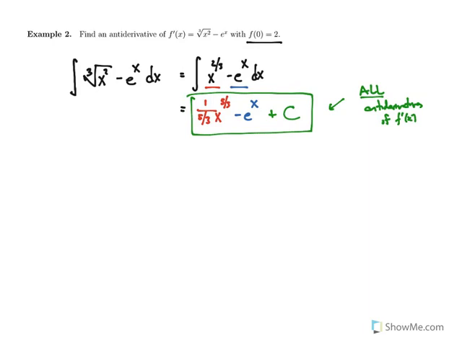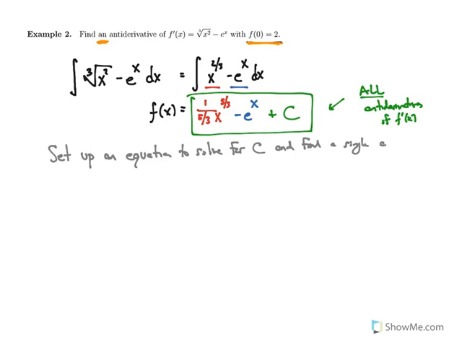What I want to do is find one antiderivative with f of 0 equals 2. So note that what I found here was f of x. So I'm going to set up an equation to solve for c and find a single antiderivative.